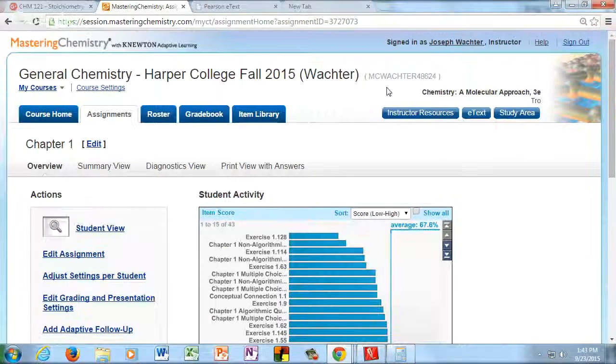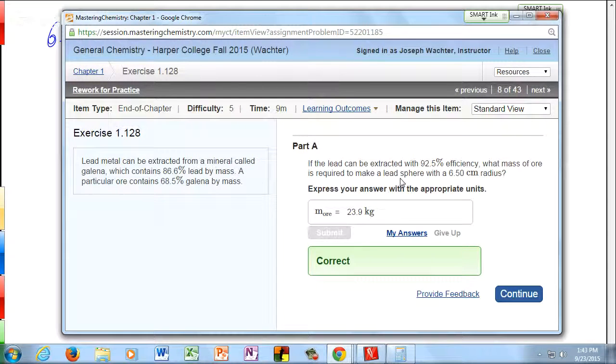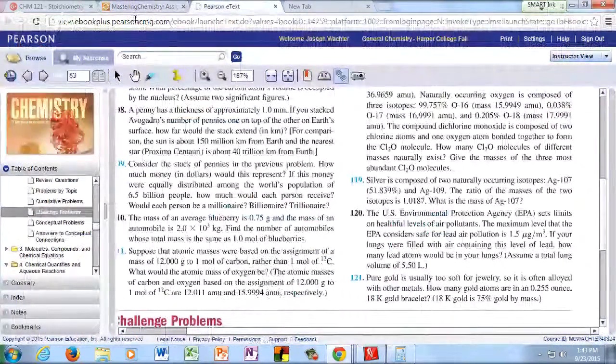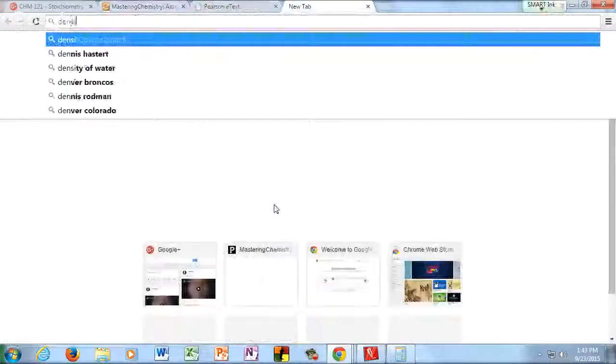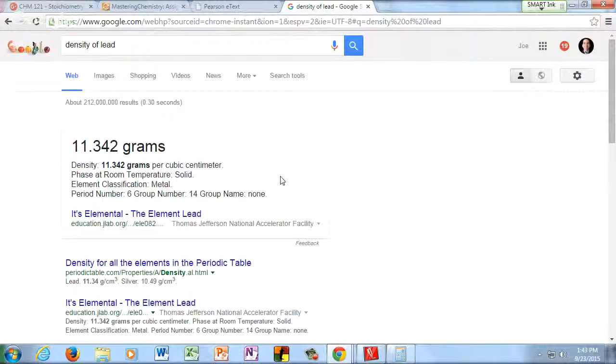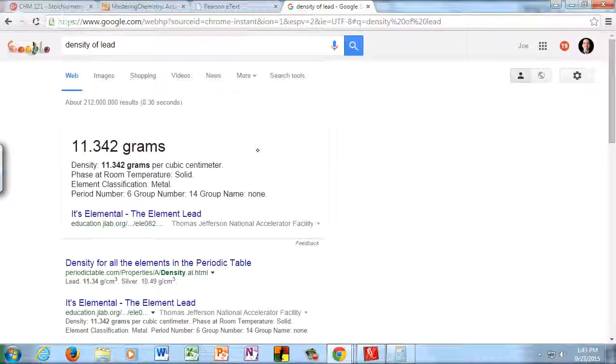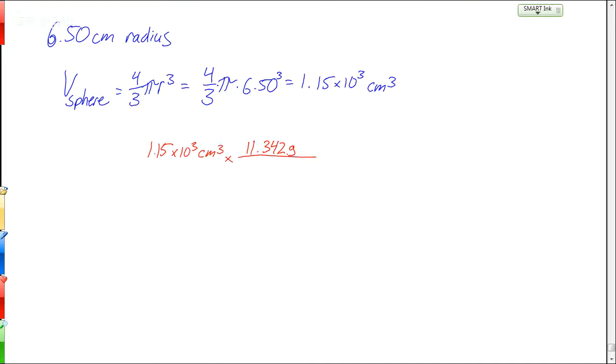It's not in the problem, I don't think, is it? Anybody look it up? I have 11.34. Sounds good. All right, so the mass of lead then is going to be 1.15 times 10 to the 3 cubic centimeters times the density, which is 11.3 grams of lead in 1 cubic centimeter.